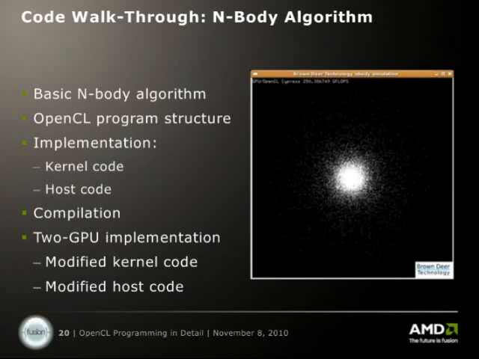I'm going to then move on and walk through the implementation of the kernel code, and then I'm going to walk through the implementation of the host code. And I'll mention briefly how one would compile the resulting program. And then finally, I'm going to discuss how one would extend this to include 2 GPUs, so how you would use multiple devices within OpenCL. So I'll discuss how you would modify the kernel code to include 2 GPUs, and then also the host code.